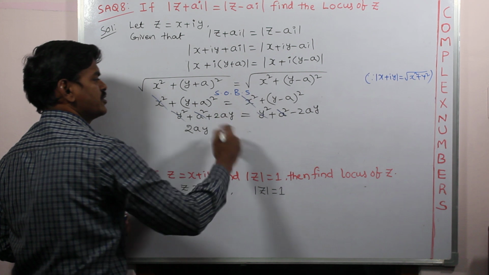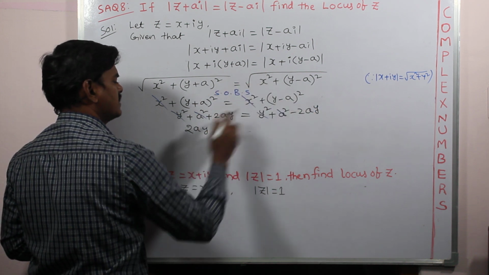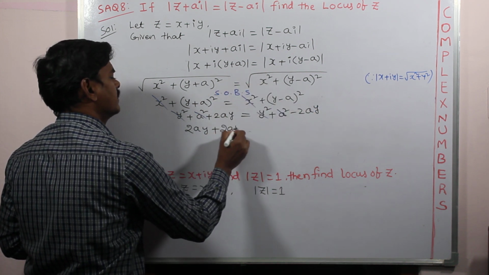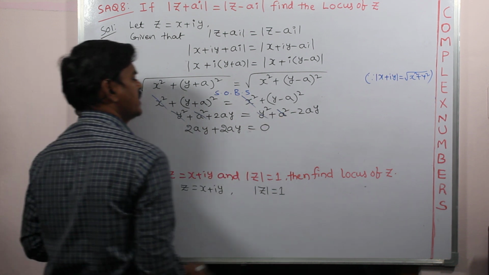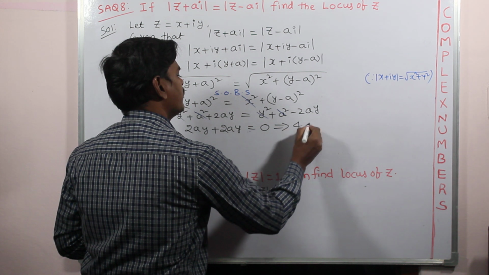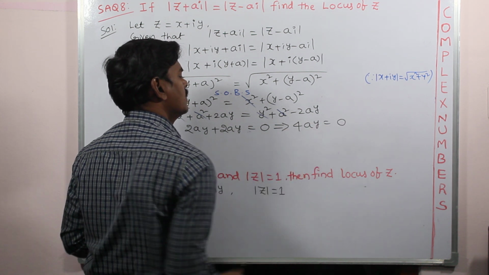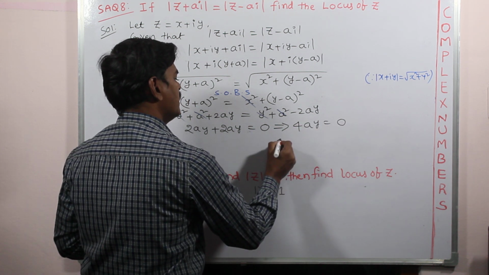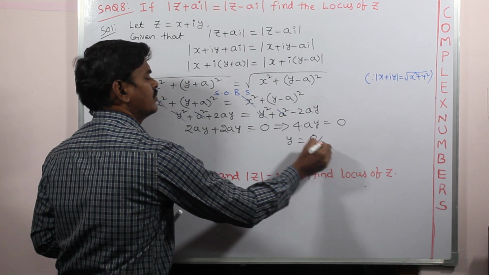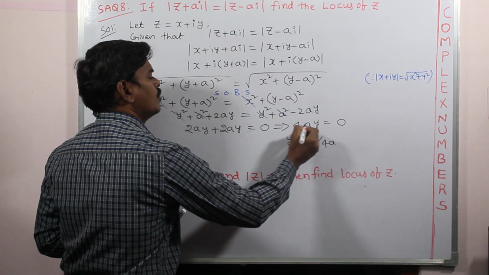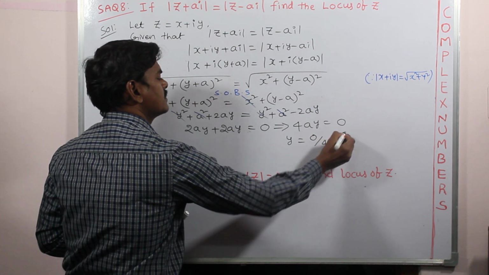So we have 2ay. On transposition, -2ay from RHS to LHS becomes +2ay, and nothing remains on the right, so 0. 2ay + 2ay = 4ay, and 4ay = 0. So y = 0/4a, and 0 by something is 0.